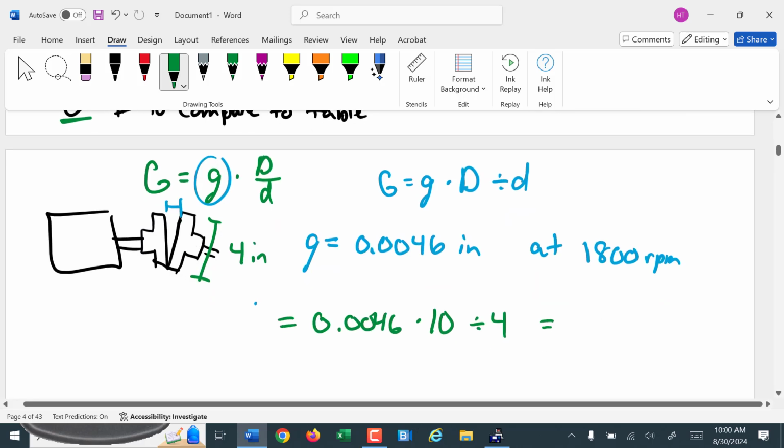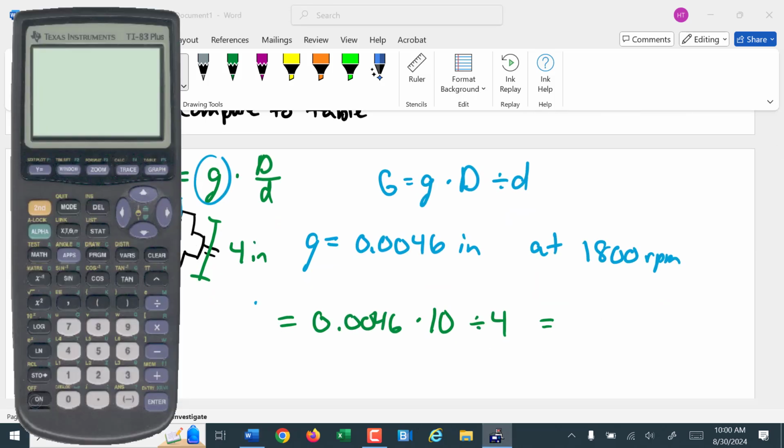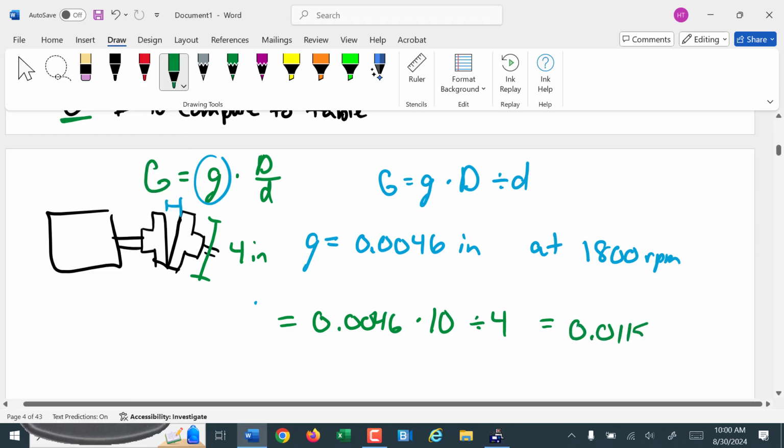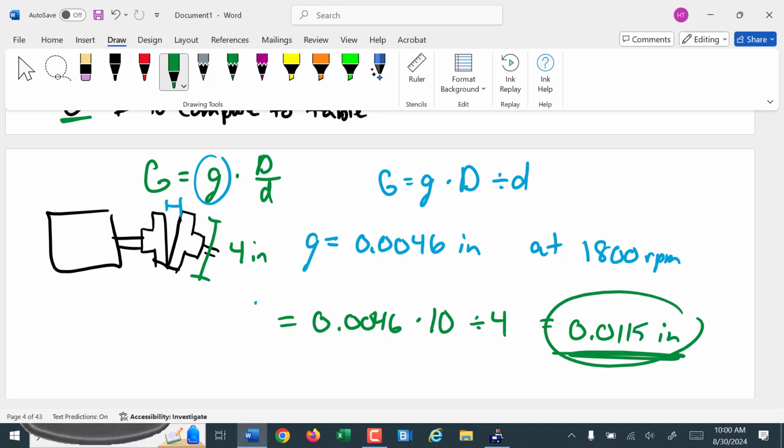Divided by, I didn't give you the actual diameter here yet. Let's say that that is a 4-inch flange. So what goes in there to divide by? 4. So 0.0046 times 10 divided by 4 means that we would have 0.0115.